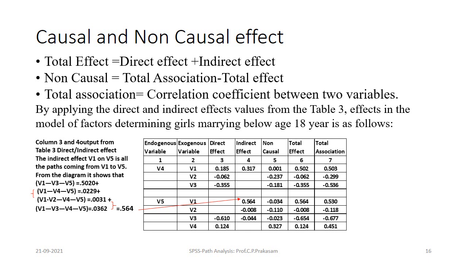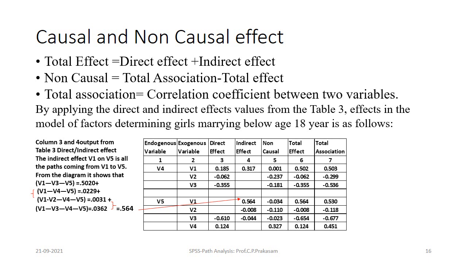The indirect effect of V1 on V5 is all the paths coming from V1 to V5. The paths are V1, V3, V5 plus V1, V4, V5 plus V1, V2, V4, V5 plus V1, V3, V4, V5.